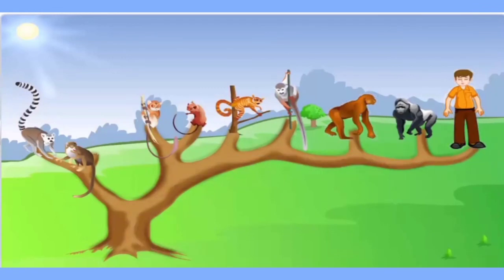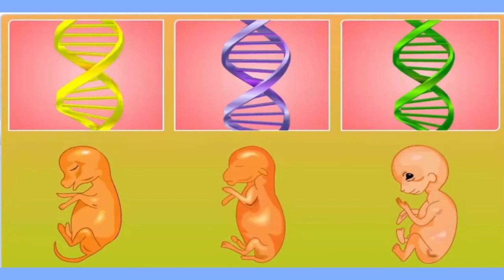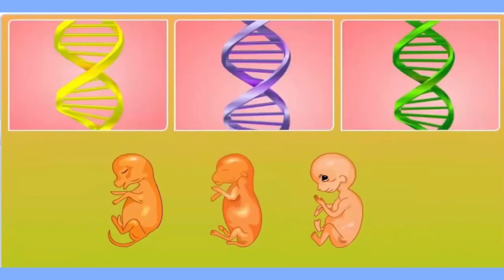Changes in DNA during reproduction are the basic events in evolution. Comparing the DNA of different species allows us to estimate how much the DNA has changed during the formation of species.